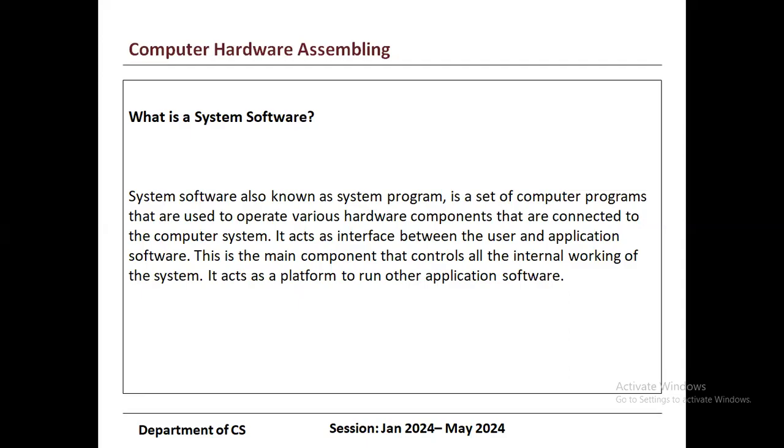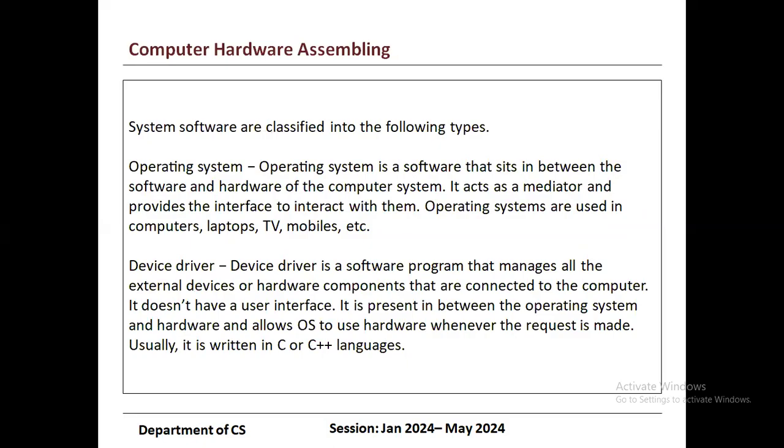It acts as an interface between the user and application software. This is the main component that controls all the internal working of the system. It acts as a platform to run other application software.